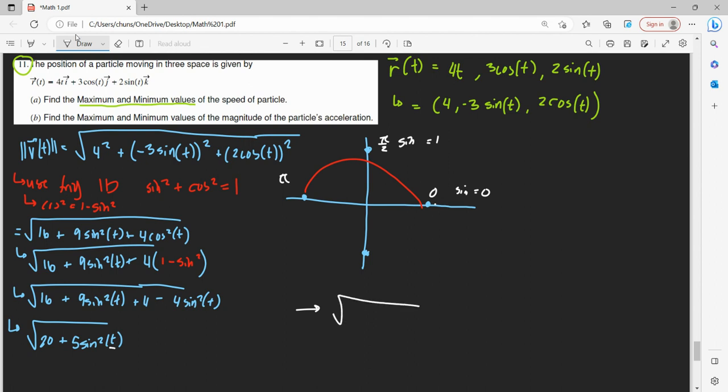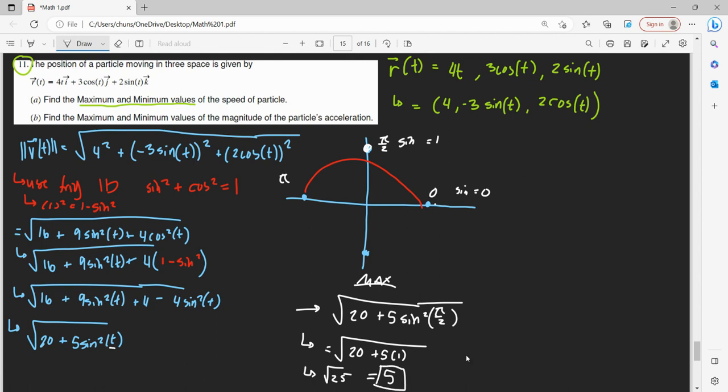So if we have sine squared pi over 2, when it's at its maximum, we want to maximize it, right, because that is the peak of our circle. Okay, I should write maximum. So that's going to be equal to the square root of 20 plus 5 times 1, which is the square root of 25, otherwise known as 5.